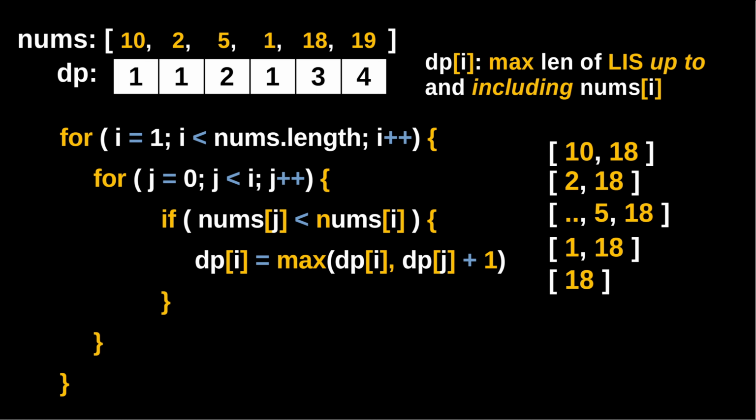It is important to highlight that at each iteration of the outer for loop, where we populate dp sub I, all the values on the left of dp sub I and all the values on the right of dp sub I are constant. They are not changing. The only overriding that takes place is in the inner for loop, where there's a possibility of overriding the length of the longest increasing sequence.